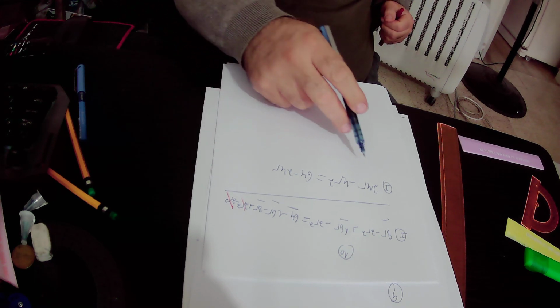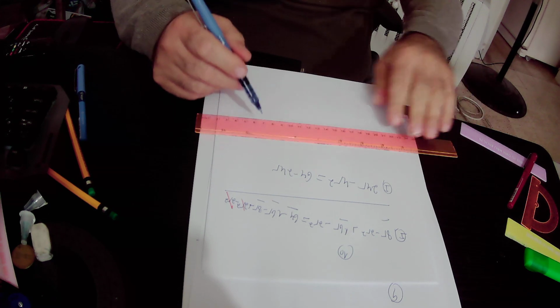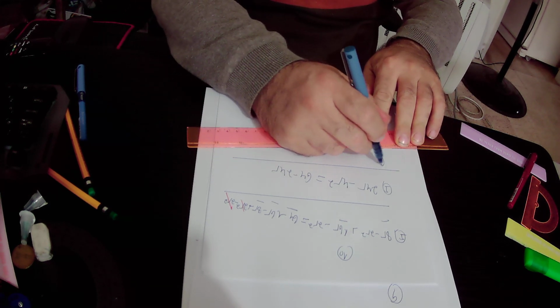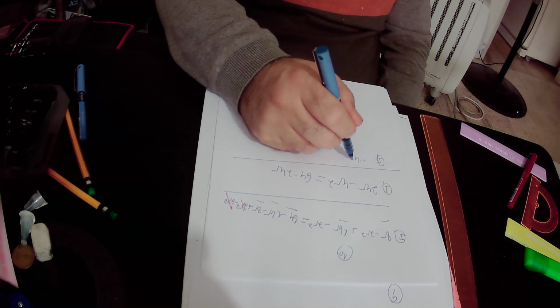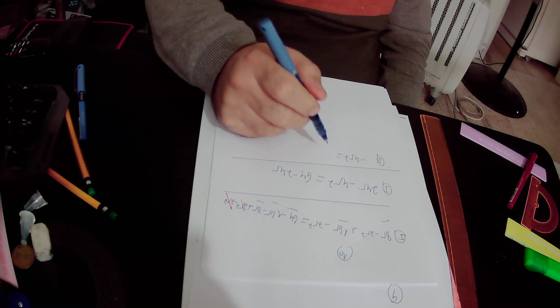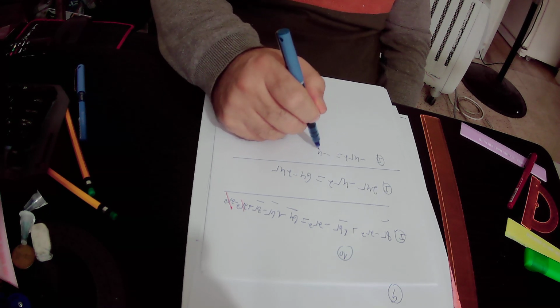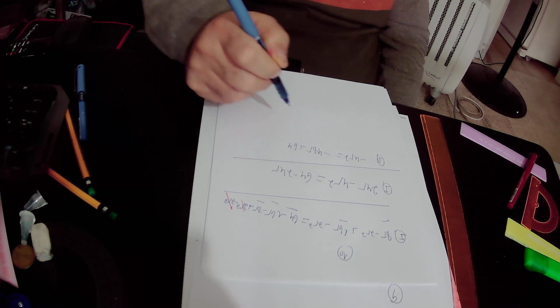So here we will subtract 24r from equation number 1, and we will get that minus 4r squared equals minus 48r plus 64.